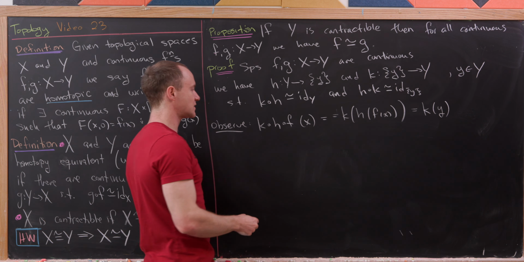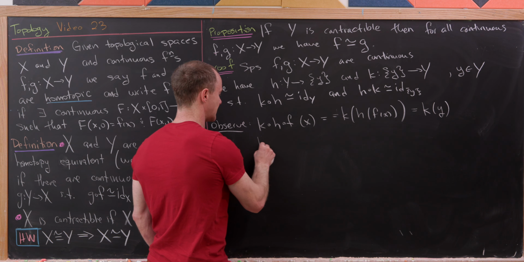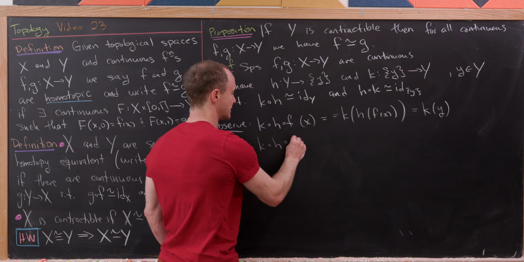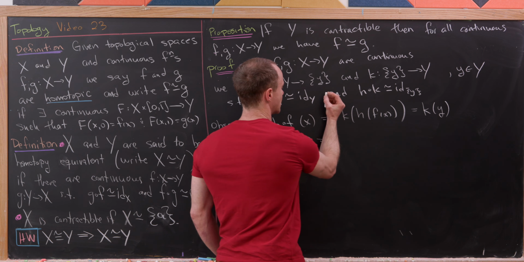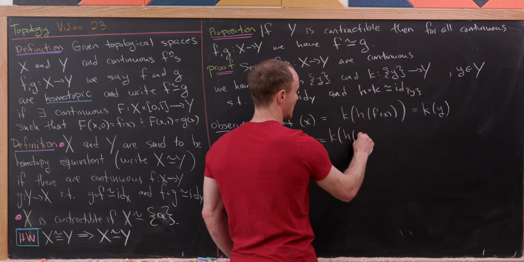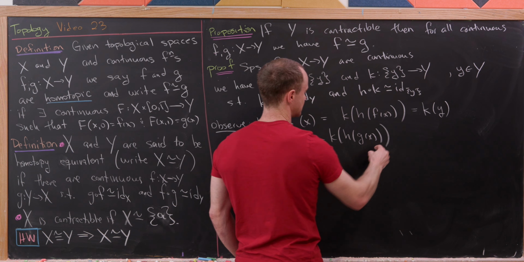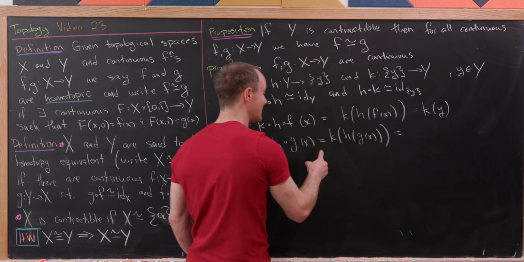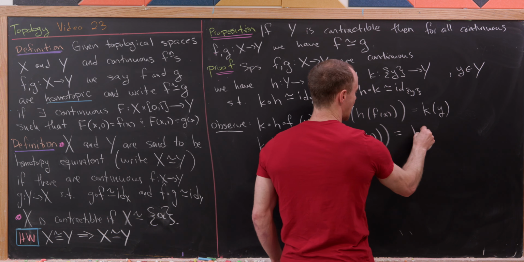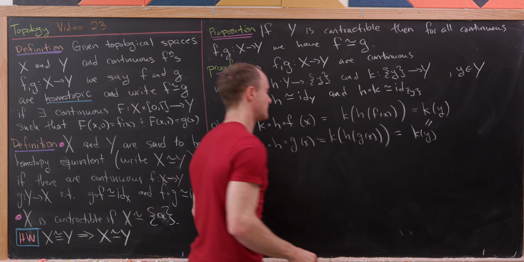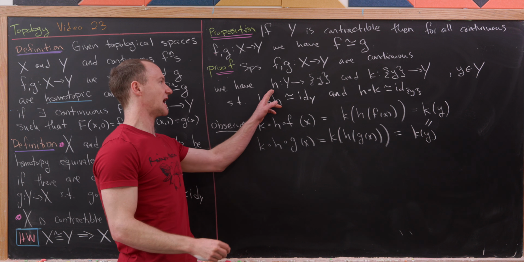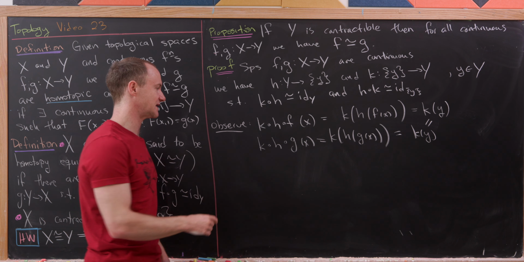But now let's also observe that if we do k composed with h composed with g of x, we'll get k of h of g of x, which for the same exact reason is going to be k of y. And again, that's because h takes everything from Y to that singleton.